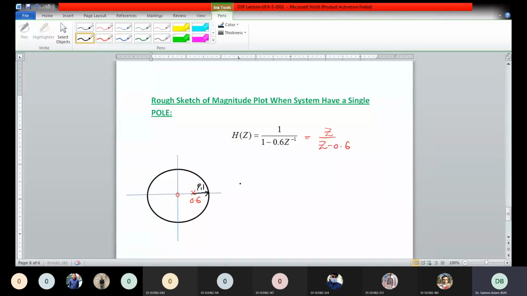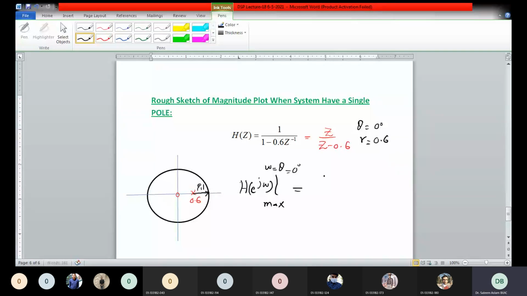So we can say that |H(e^{jω})| is maximum. Now you get the maximum value at ω equal to θ. In our case, our θ would be equal to 0 and the value of r is equal to 0.6. So we have the angle equal to 0, so at 0 degrees we will get the maximum value.